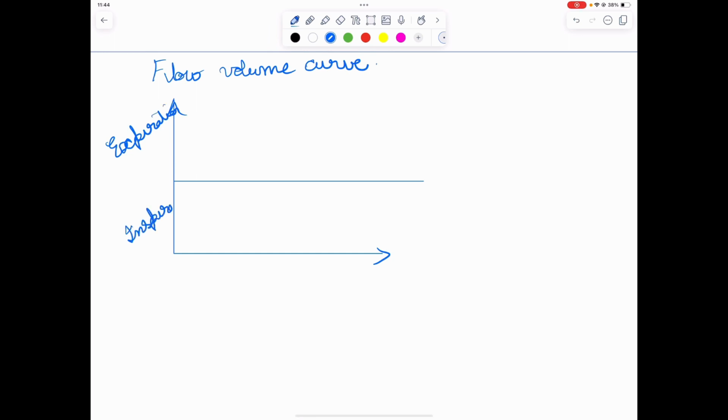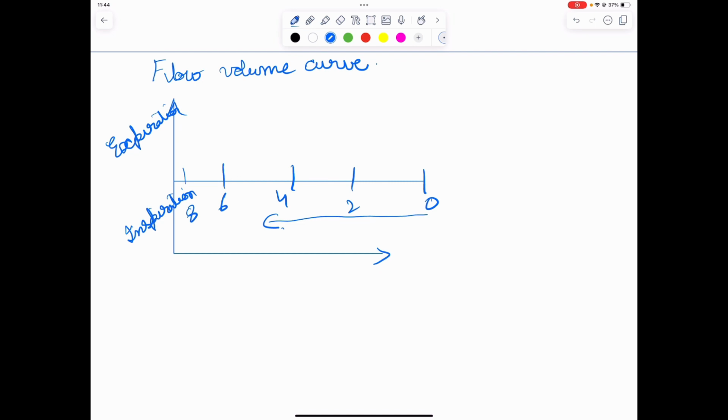But one thing that is different from all other graphs is that here, as we move towards the left, the value will keep on increasing. So here it is 0, here it is 2, 4, 6, and 8 here. So that is the point of difference. Many times the flow volume curve is not understood just because we are not seeing it in the opposite direction.